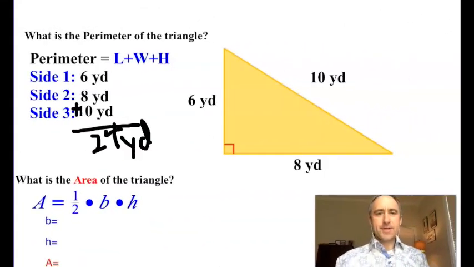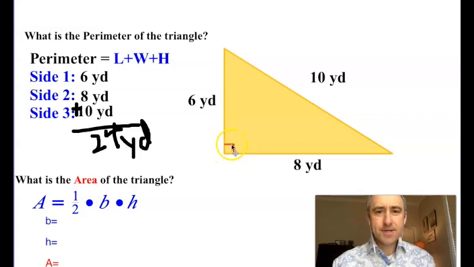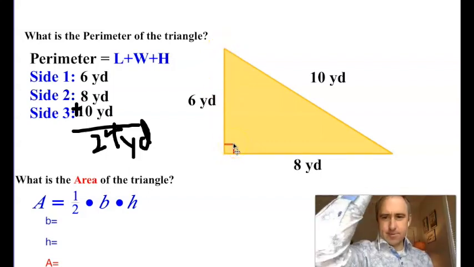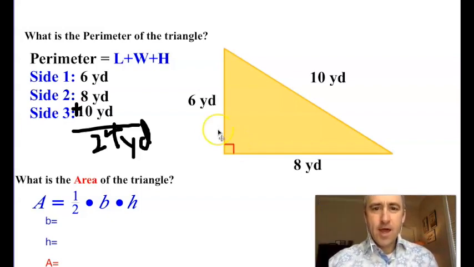Now let's talk about area. Remember, when we talked about area the other day, we use the dimensions of base and height. And in this triangle, this is where this right angle comes into play. Our height is determined by where a straight line drops down at a right angle, like an elbow, and hits the base.